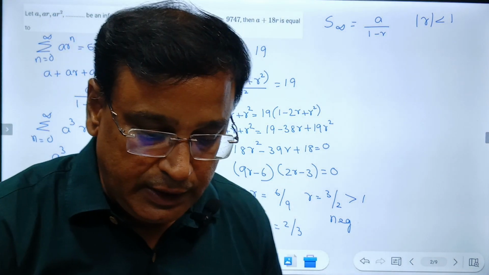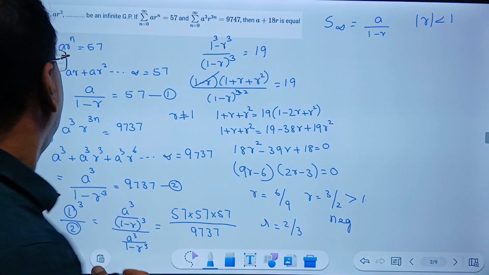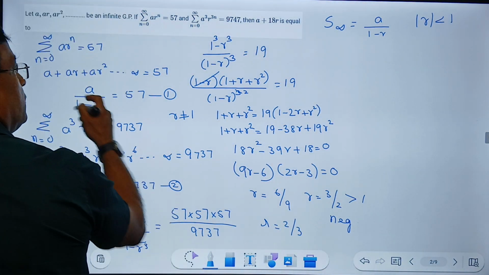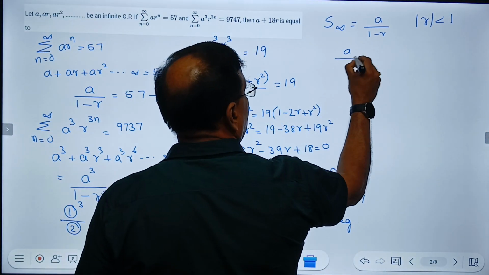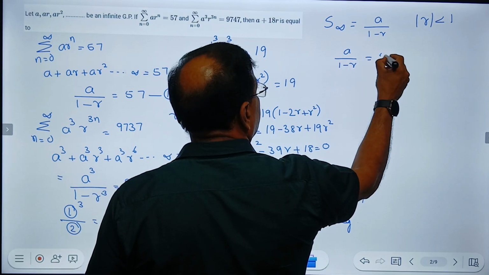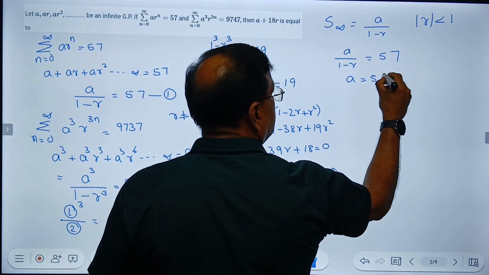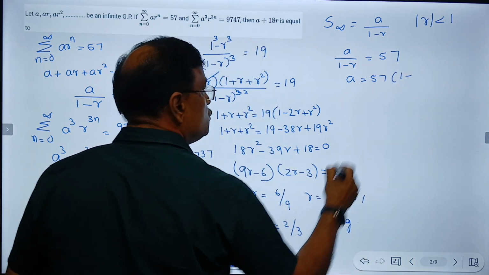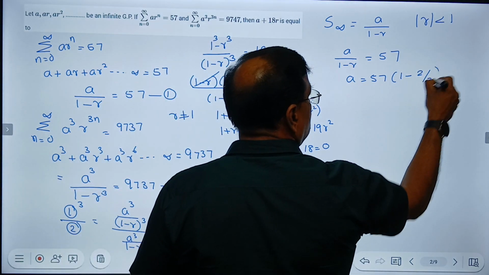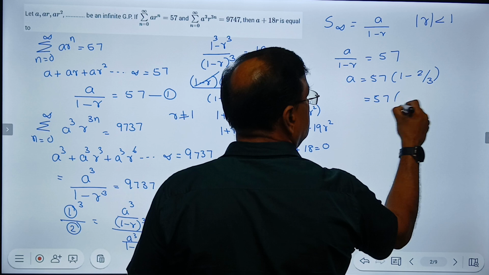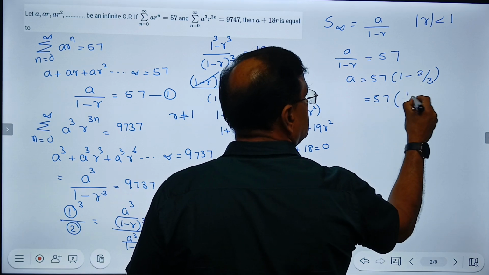Now I want to find a. Now how do I find a? I have this, right? So a by 1 minus r equal to 57. What is my a? A equal to 57 into 1 minus r, where r is 2 by 3. So if you put 2 by 3, what do you get? 57 into 1 by 3.